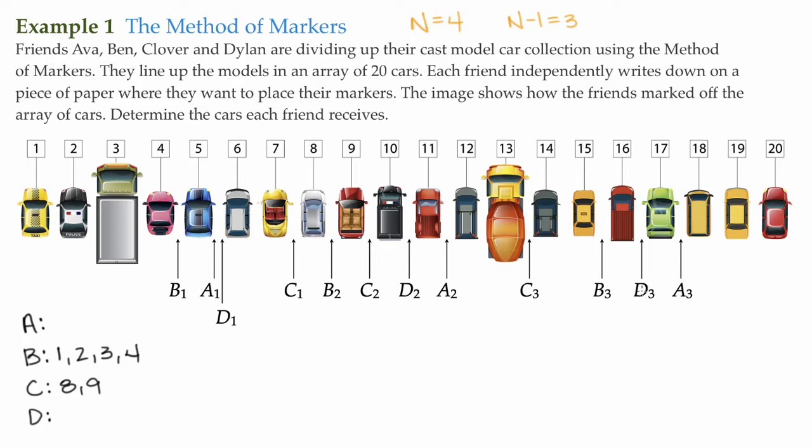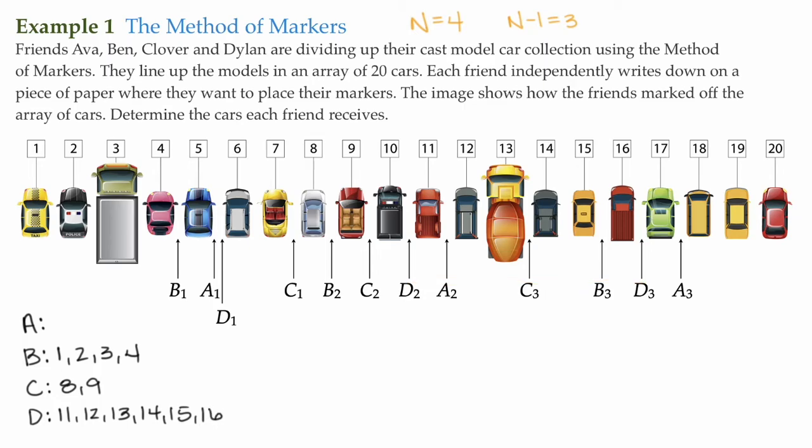So now Dylan is going to get all the cars between his third marker here and his second marker over here. So he's going to get all the cars right here. And that's Dylan's third section. So he's going to get cars 11, 12, 13, 14, 15, and it looks like 16.